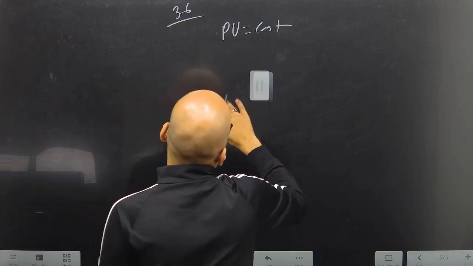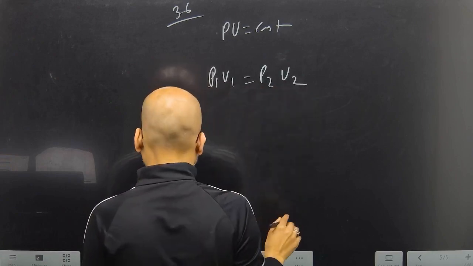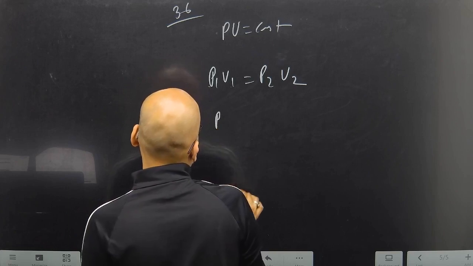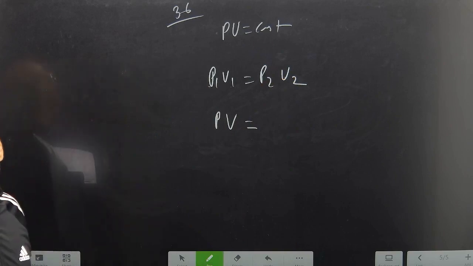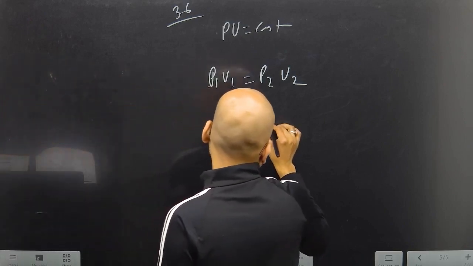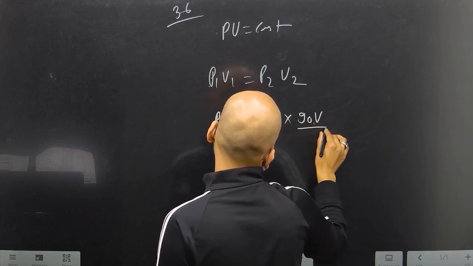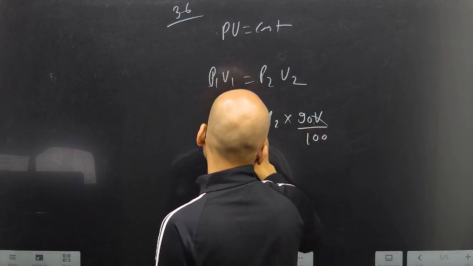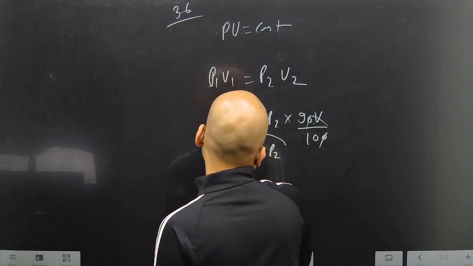See guys, you can simply apply the formula here. P1 V1 is equal to P2 V2. Let the pressure be P and volume be V initially. Now they are saying find the value of P2 so that volume is decreased by 10%. This will be the P2, and what is the change in it?